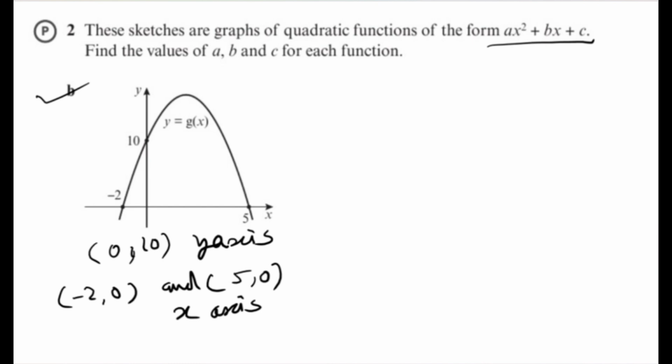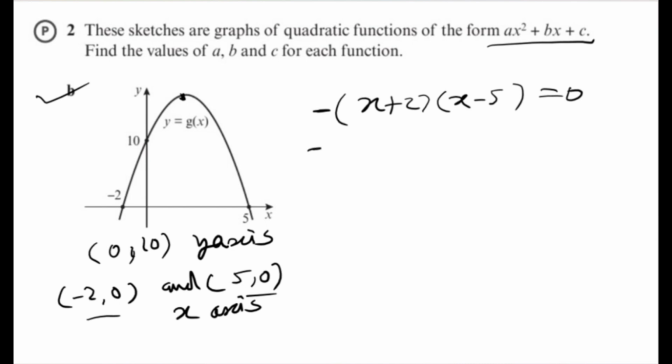Okay. And as you can see the shape of the graph, it has a maximum value. That will tell us our a is negative. So to find the function, we can put these two x coordinates with the opposite sign, like x plus 2 and x minus 5 equal to 0. And as I am telling you, this is a maximum value, so I have to put a negative here.